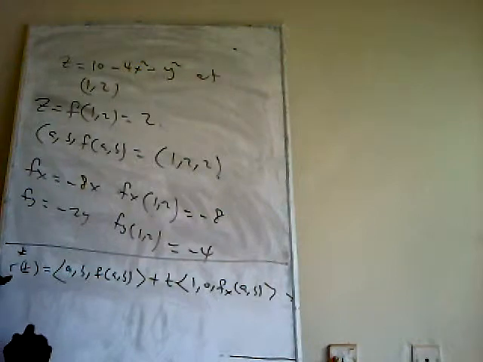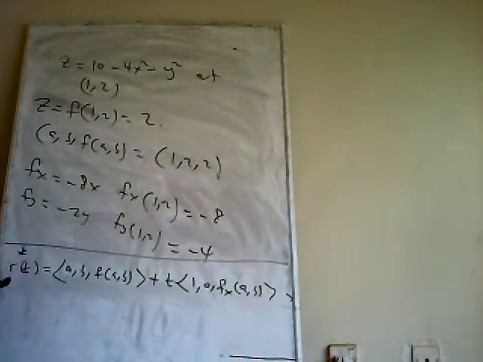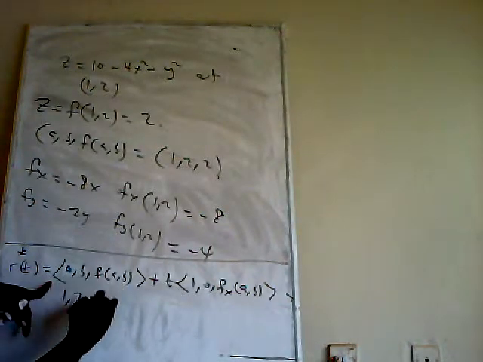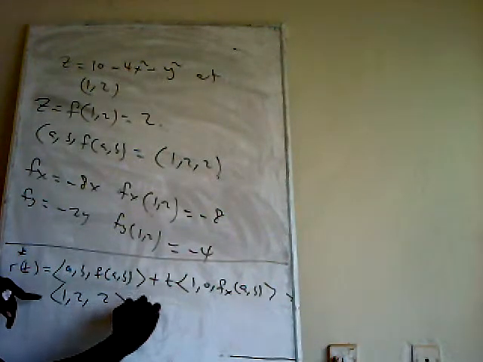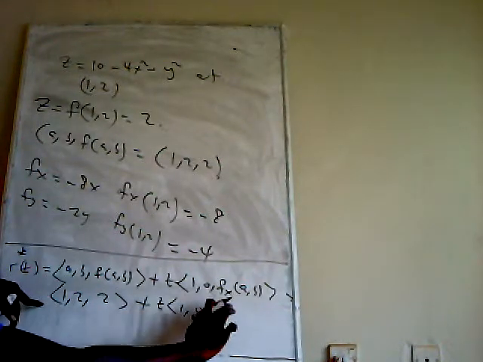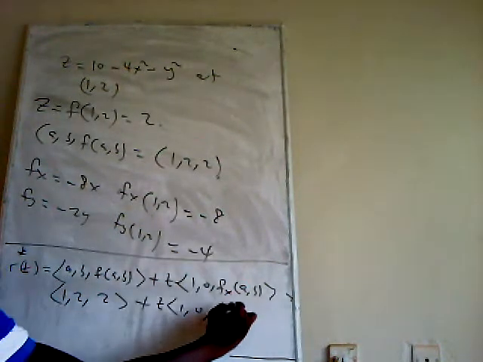Now remember, this is the equation of the tangent line caused by the trace with fixed y, right? Fixed y. Now a is 1, b is 2, this is 2, plus t 1, 0. Now that is minus 8.